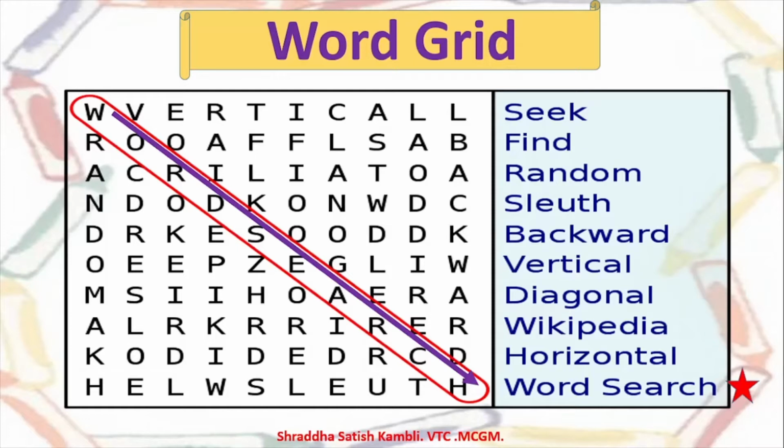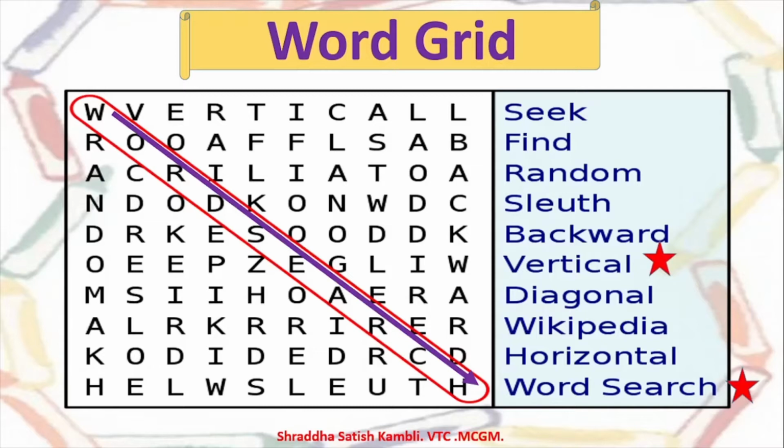So see, what do you do in a word grid? You search for words, and sometimes you can search for words in the horizontal direction, in the diagonal direction. Now this is diagonal. Okay, diagonal means starting from one corner to the other corner. Now, there are many other words also here. For example, let us look at where this word is.